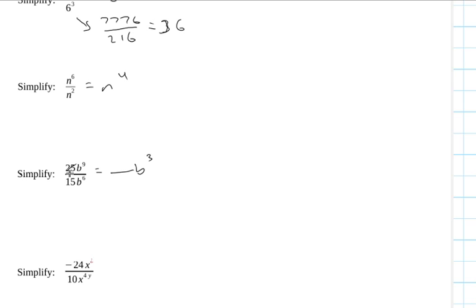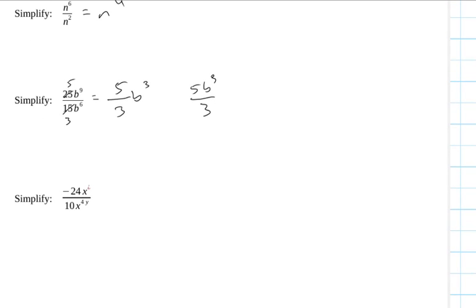There is a common factor of 5 that can be canceled here, and when I cancel a factor of 5, I'm left with a 5 up top and a 3 down below, because this is 5 times 5, this is 5 times 3. I could either write that as 5/3 b cubed or 5b cubed over 3. I'm more of a fan of writing it like this, because this emphasizes the fact that 5/3 is the coefficient and b cubed is the variable part.